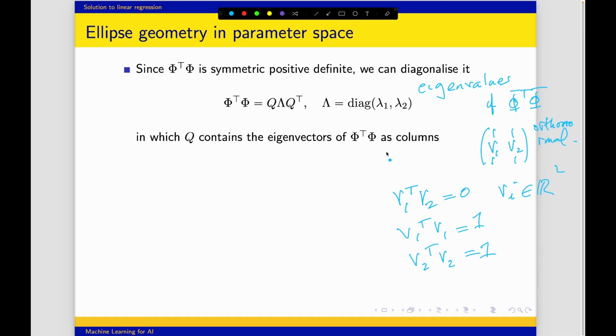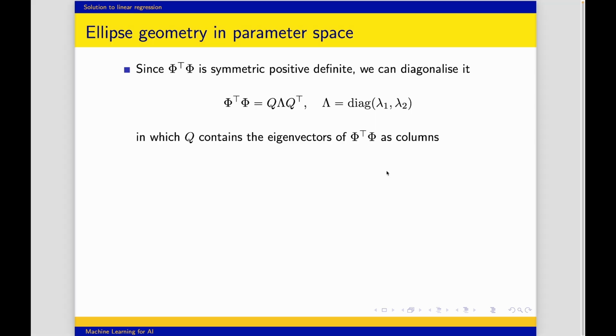So these eigenvectors are orthonormal, and they correspond to these eigenvalues. So this matrix is what we call a unitary matrix. Again, watch the linear algebra videos. This is explained in massive detail, meaning that Q transpose is going to be equal to the inverse of Q, and this is something we'll use later on. So for a unitary matrix, its transpose is actually its inverse. Nice little matrices, these unitary matrices.